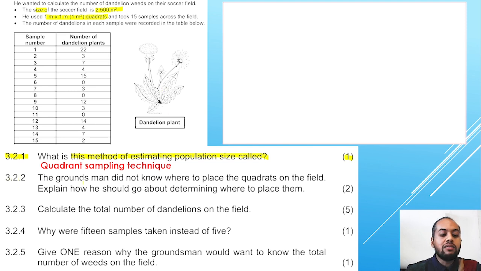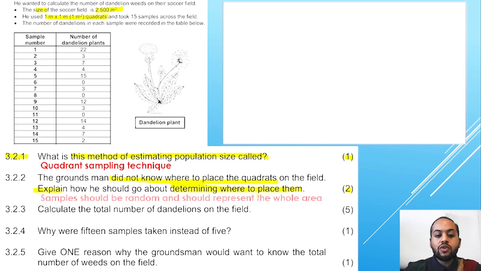3.2.2 says the groundsman did not know where to place the quadrats on the field. Explain how he should go about determining where to place them, for 2 marks.